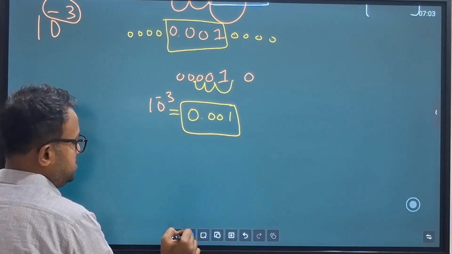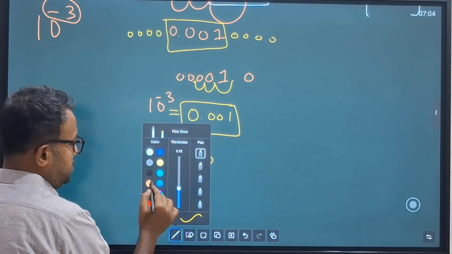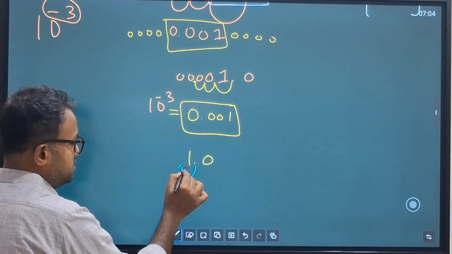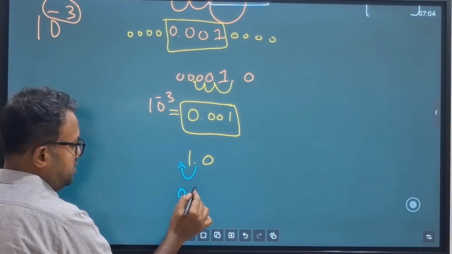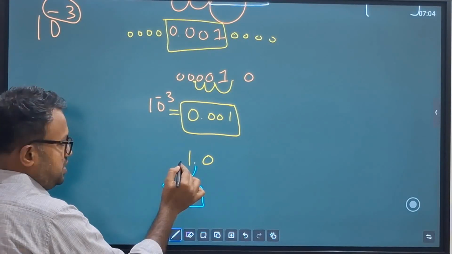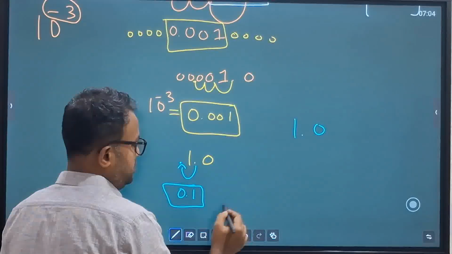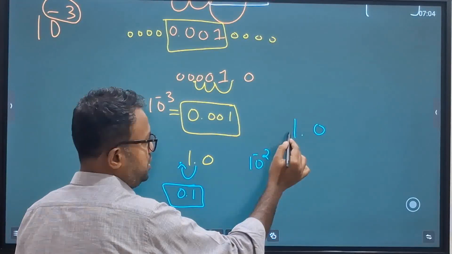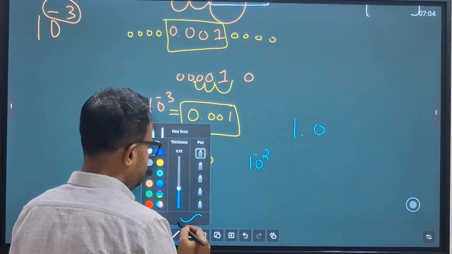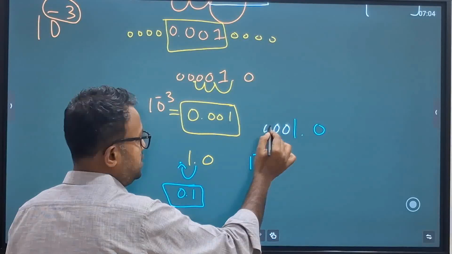How did we get 0.1? You have 1.0. If you shift this point backwards, you put the point here now. It will become 0.1 because the point is here. Again you have 1.0. Suppose you want to write 10 power minus 2. You have to shift the point 2 times, assuming there are some zeros behind.